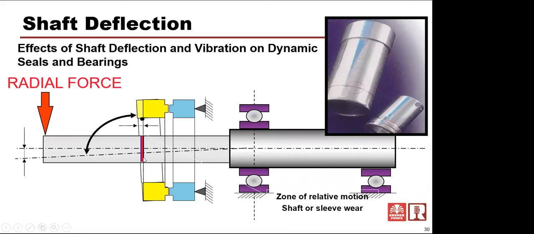Another phenomenon happens: on the inside of this rotating part of the seal, there's an O-ring that makes the seal between the stationary part and this shaft. Because that thing's wobbling back and forth, and this is a shaft sleeve, which would be basically underneath this seal, you can have what's called fretting corrosion that causes that wear ring to actually eat into the metal shaft sleeve.